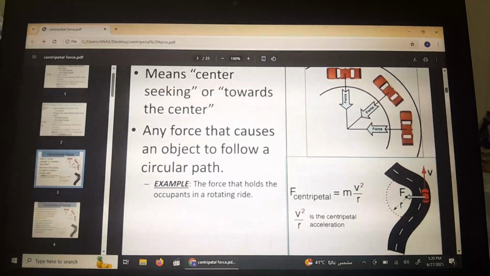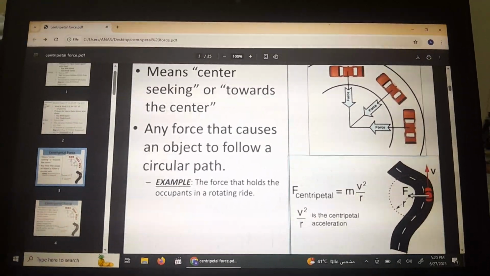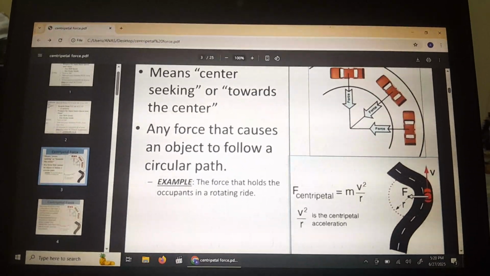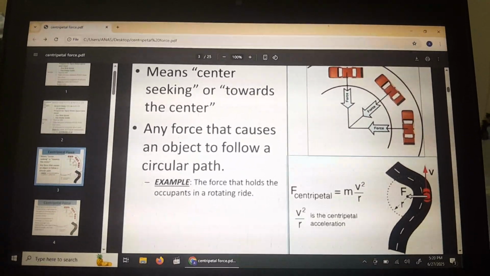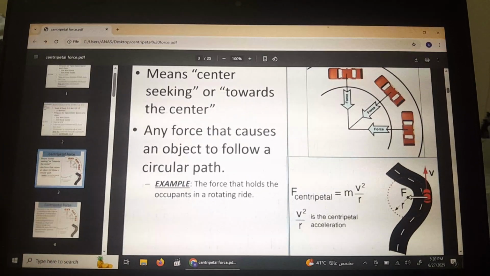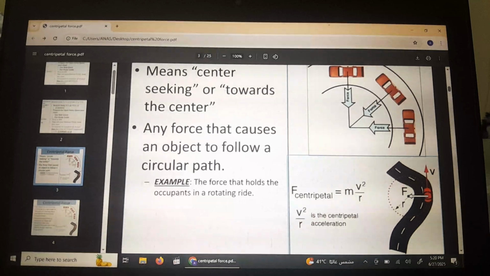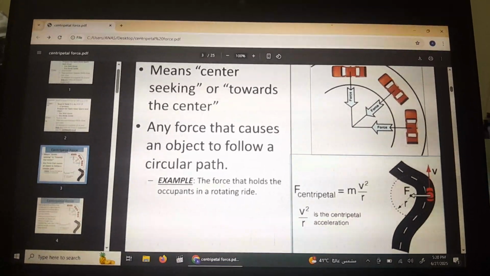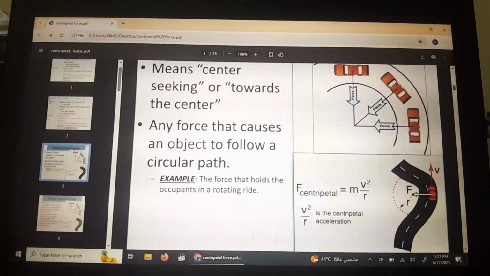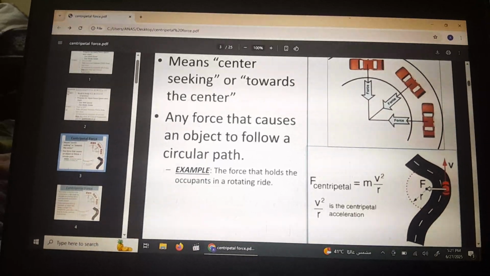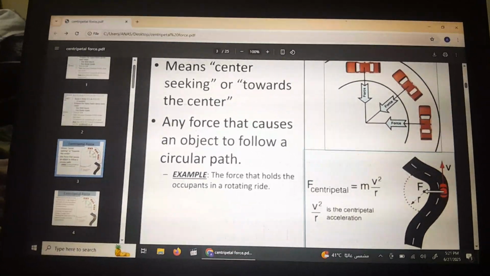If you take a bucket, fill it with water, and swirl it in a circular motion, the water inside does not fall down even when the bucket is upside down. Why is the water not falling? What's the reason? Today we'll answer what keeps an object moving in a circle.